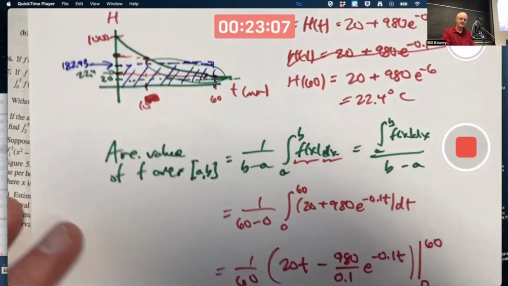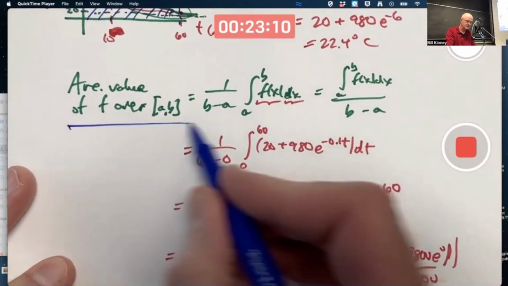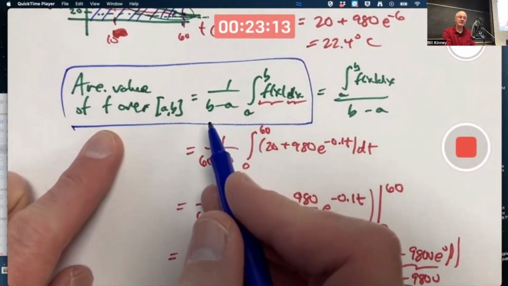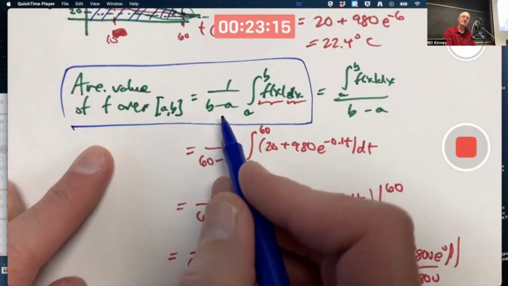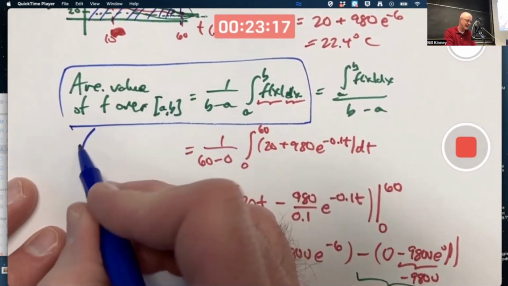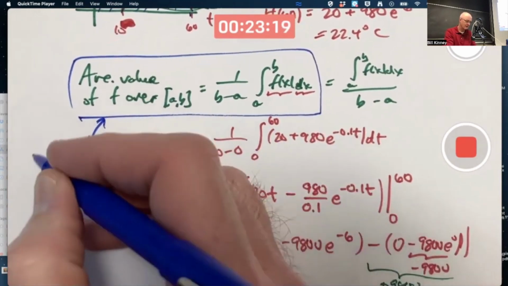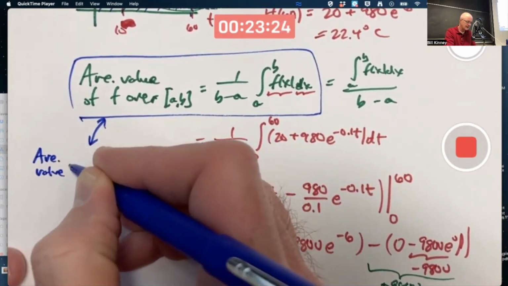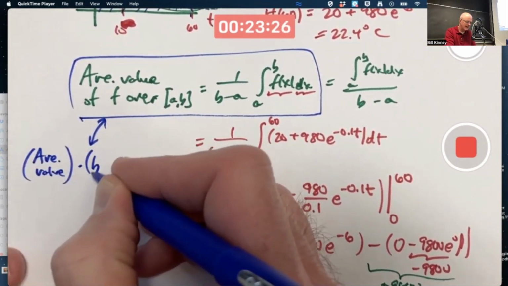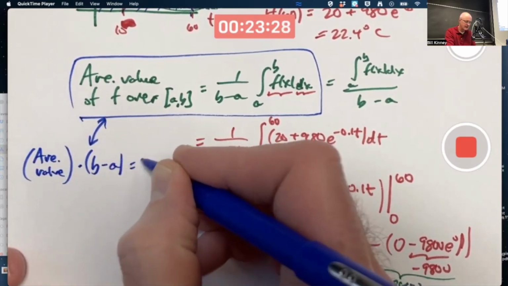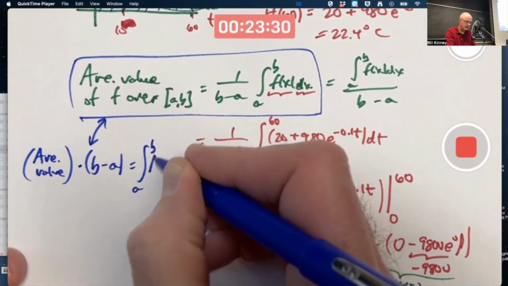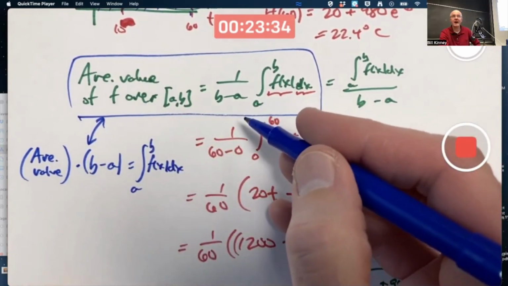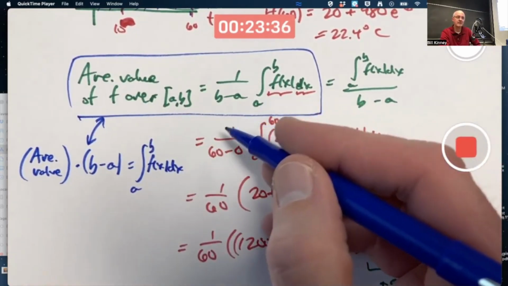Why is that? Take a look at this equation. That's the definition of average value. If you multiply both sides by b minus a, you get that the average value times b minus a is going to equal the integral. All I did there was take the definition of average value and multiply both sides by b minus a to get that.